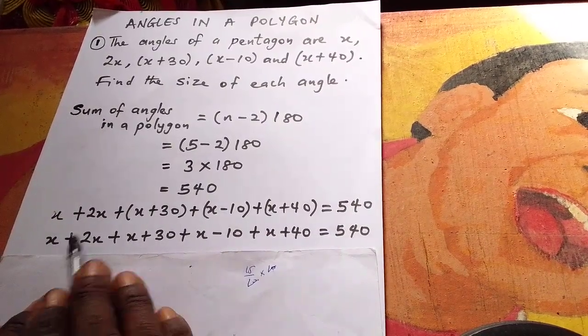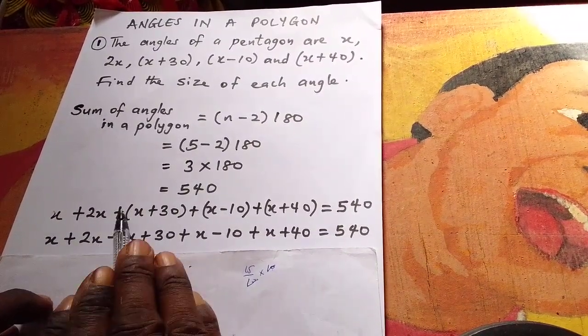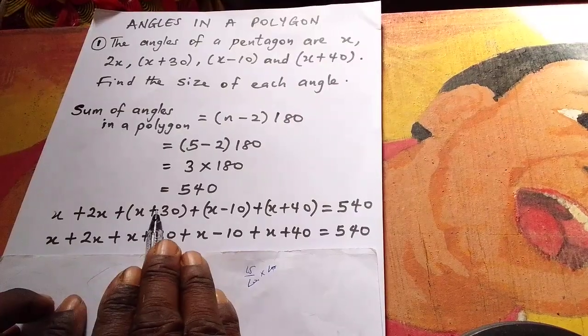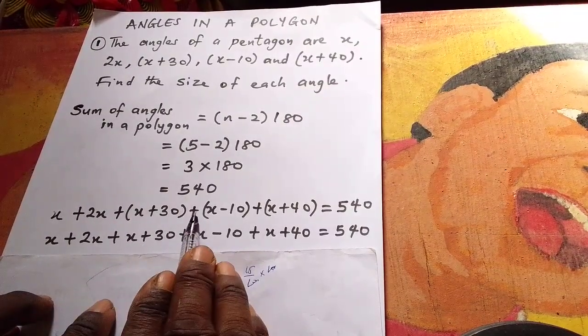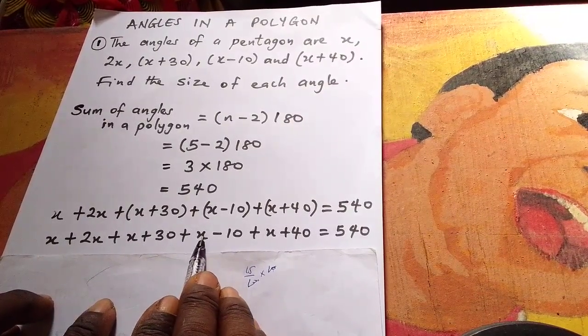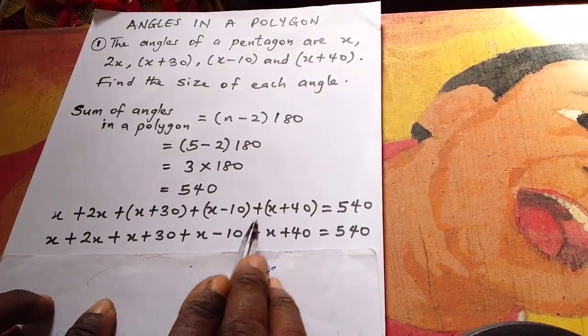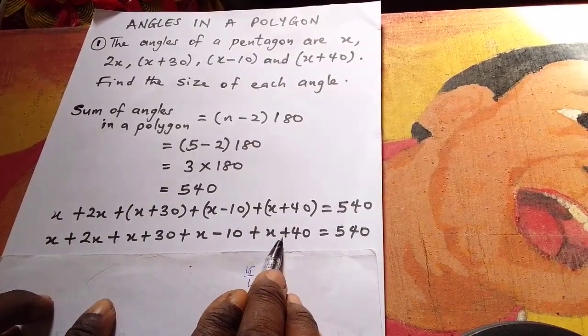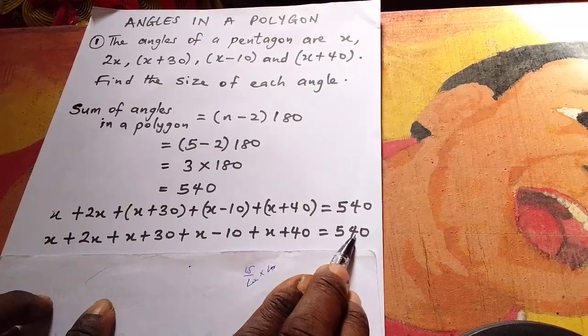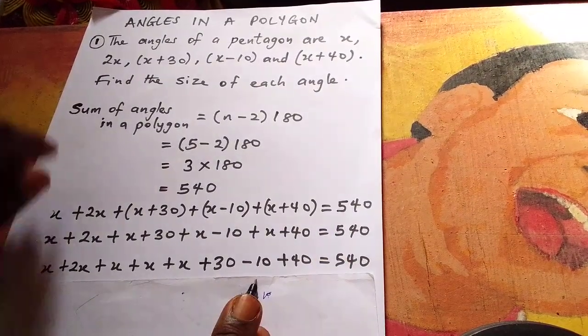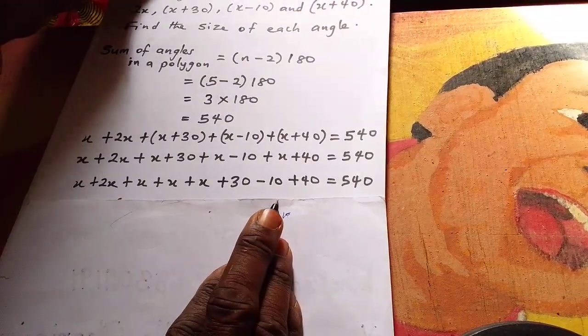So open the bracket. x plus 2x plus x plus 30 plus x minus 10 plus x plus 40 is equal to 540. From here you rearrange.